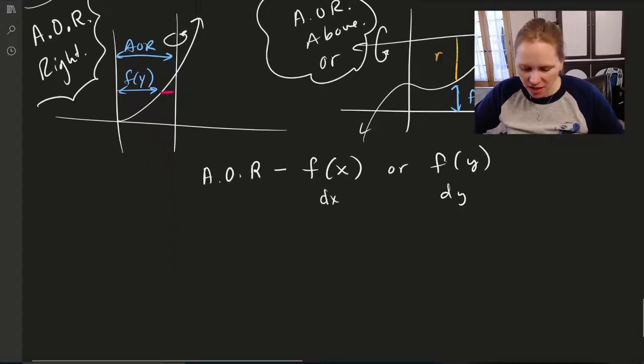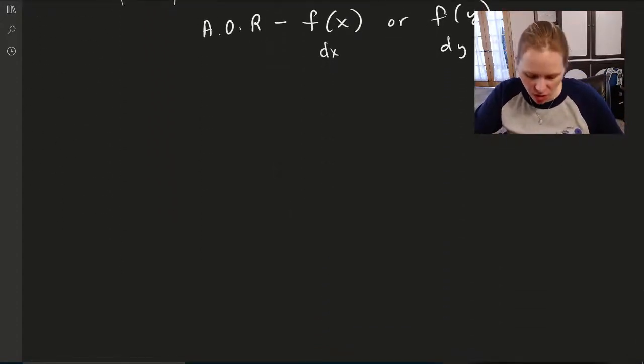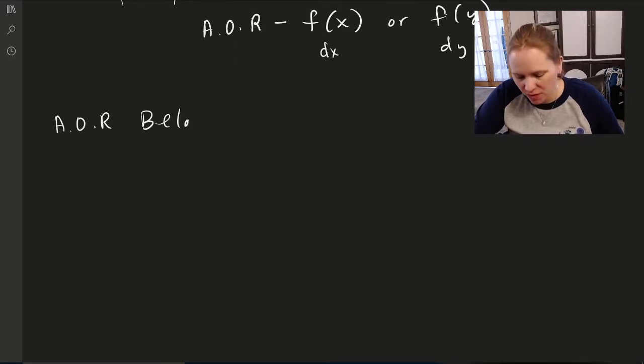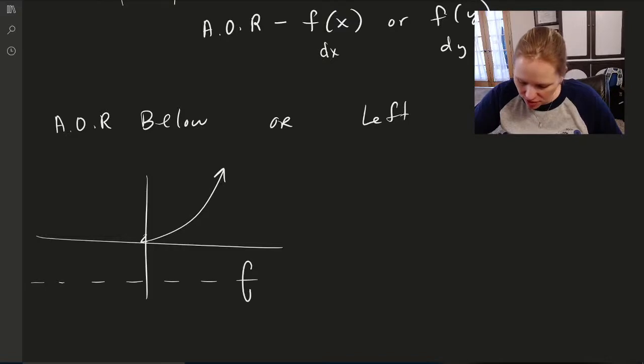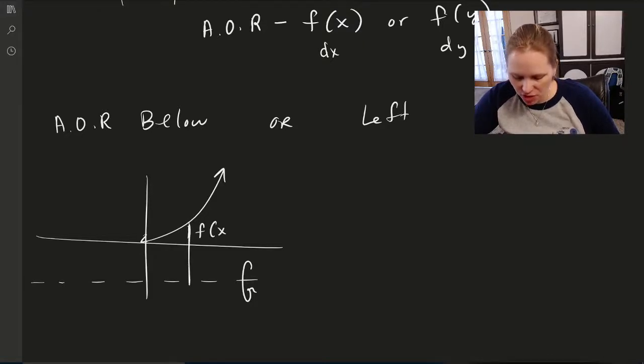Now the last case that we haven't seen that we'll see in a future video is what if your axis of revolution is below or to the left? And what that would look like is you have a function here, and here your axis of revolution is down here. So as you revolve around, the radius that you're going to look for is this function plus the axis of revolution.